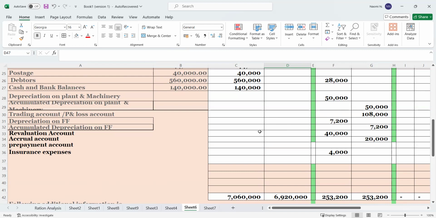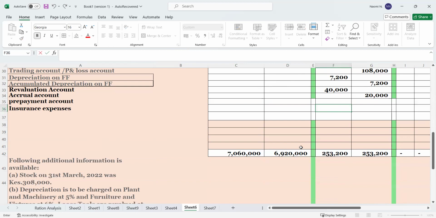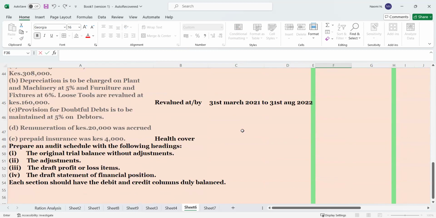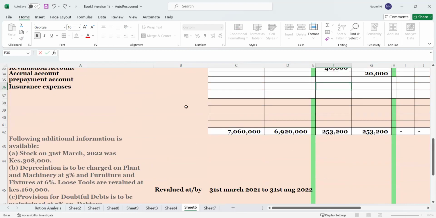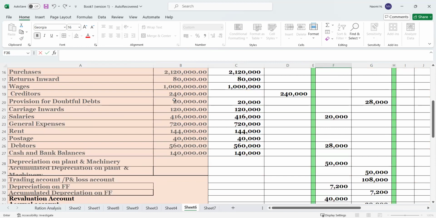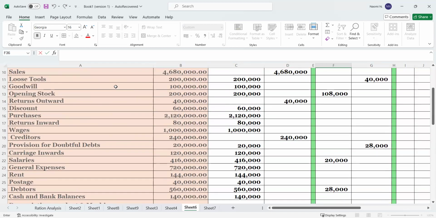No, not really, guys. Let me explain something. We will not be able to adjust that item, because anytime you are given something to do with prepayment, and when you go to the additional information you do not get that item, please forget about it. Just leave it to the examiner to handle it. Remember that when you are given something to do with prepayment, you only focus on the expenses for that year.